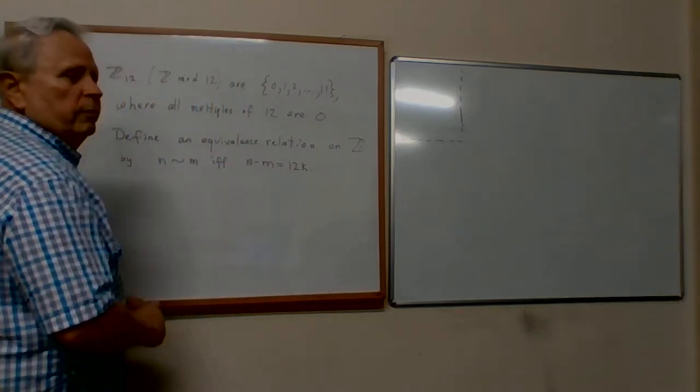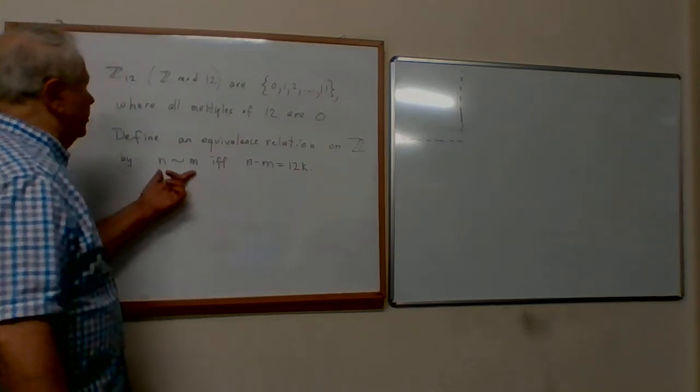Okay, if the difference of two numbers is divisible by 12, then the two numbers are equivalent.